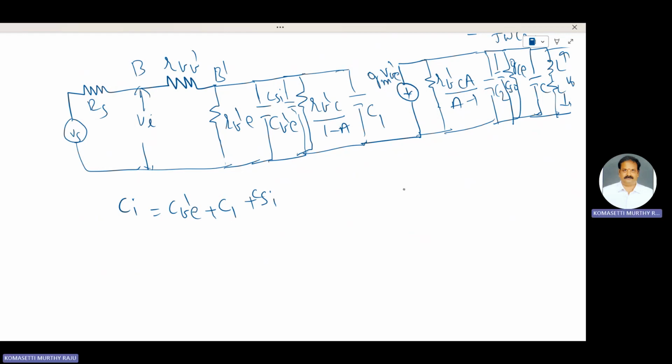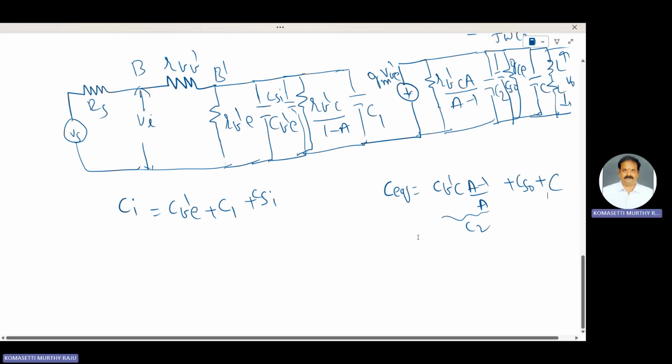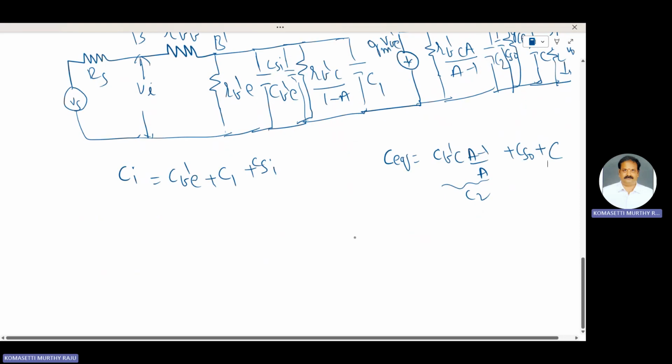At the output side, C equivalent is equal to C2, which is CB'C into A minus 1 by A, plus CSO plus C. These are the capacitors included at the input side and the output side.